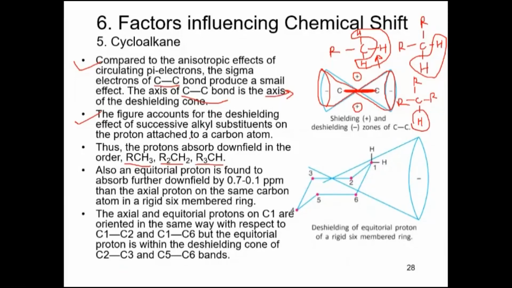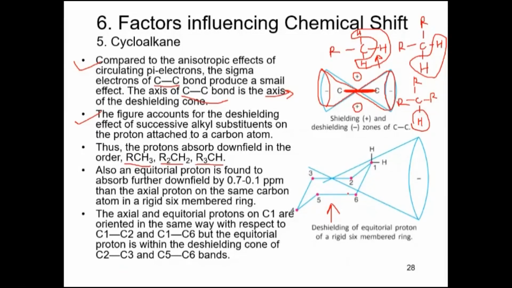Let us consider, what if it is not a linear or open chain molecule? If it is a closed chain molecule like this cycloalkane with a 6-membered ring, cyclohexane, the effect will be a combination of the cones formed along all six sigma bonds.